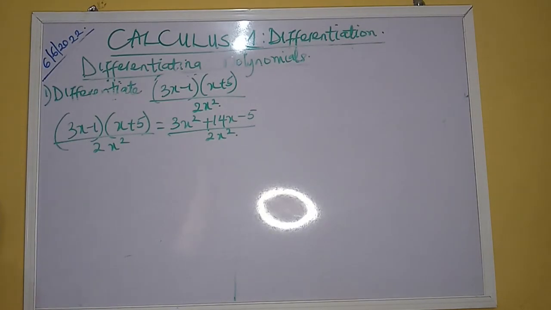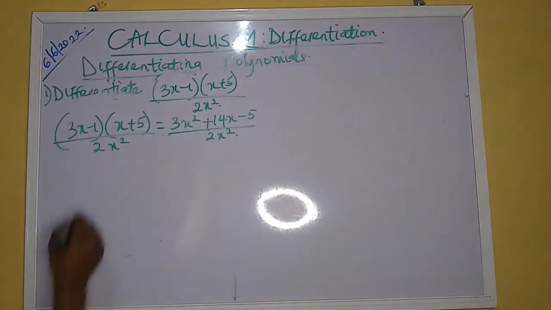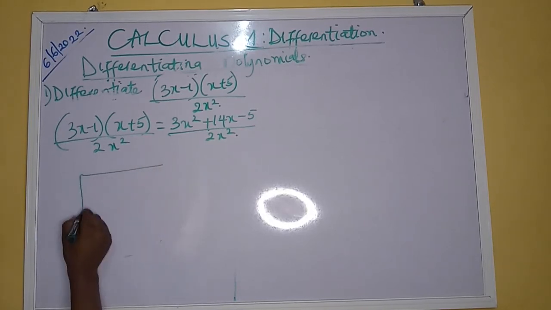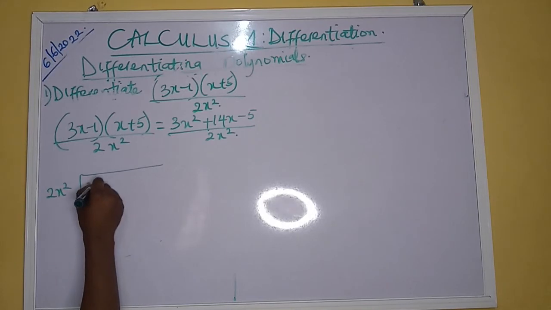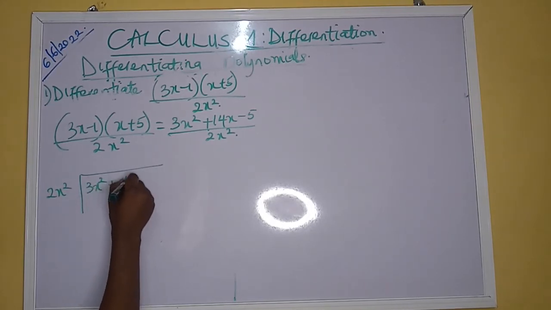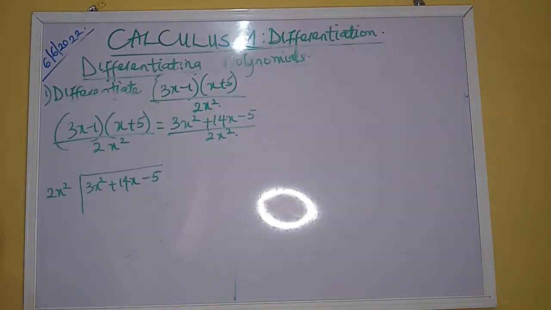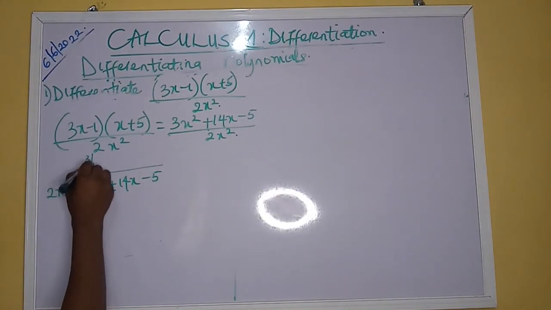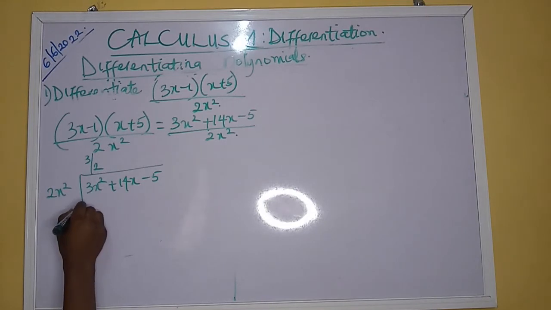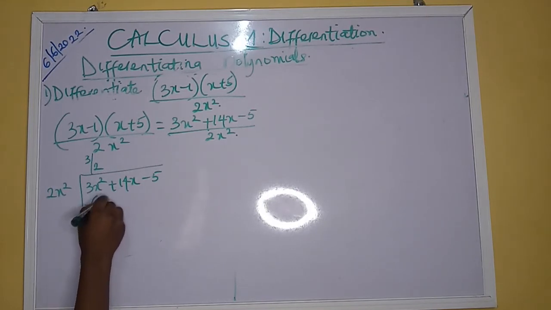So the next thing I start doing is to divide using long division. So this divided by this should give me 3 over 2. So when I multiply, it becomes 3x squared. So this is out.